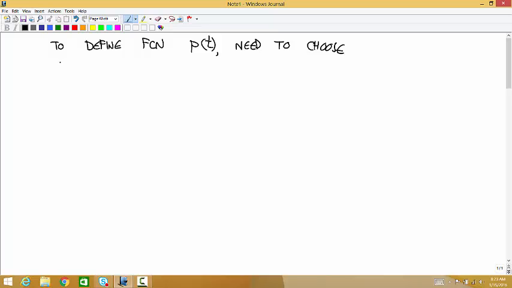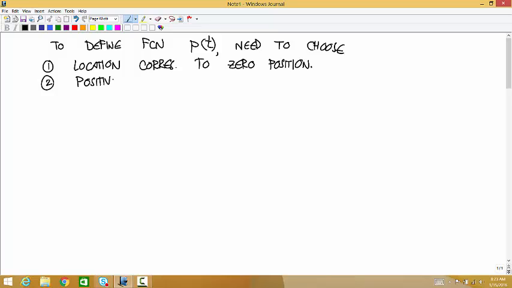you need to choose 3 things. Well, let me write it this way. A physical location corresponding to the 0 position. A positive direction.